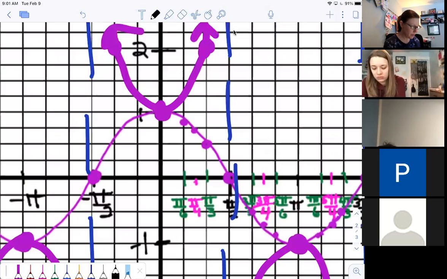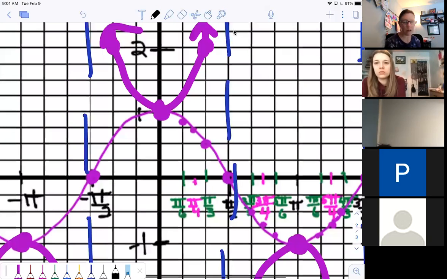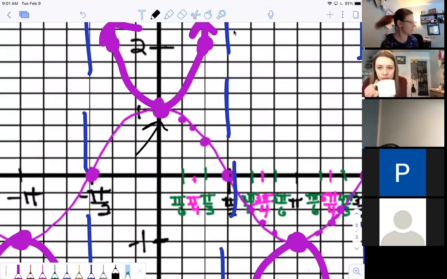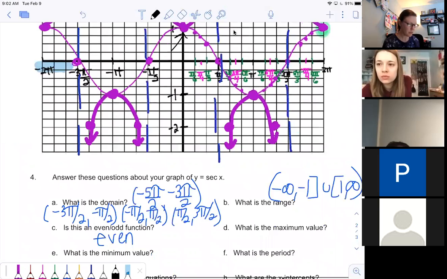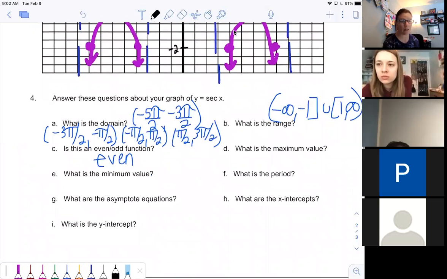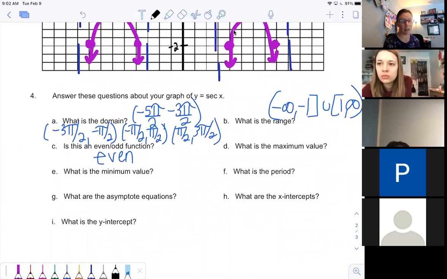Like this value right here, that's called a relative min. It's the lowest point of the curve. But really that graph goes to positive infinity, but the lowest point of that curve is a 1. So depending on how you're wording that, I should have worded that a little different. So if you had infinity there, that's fine. If you had the relative max being a -1, that would be fine as well.